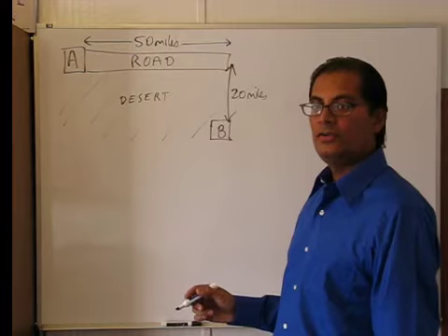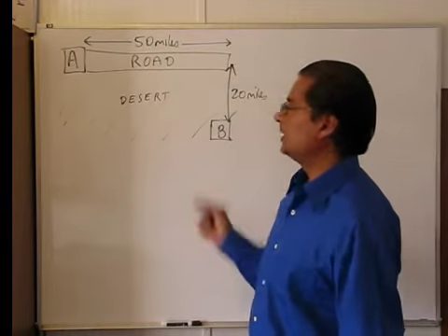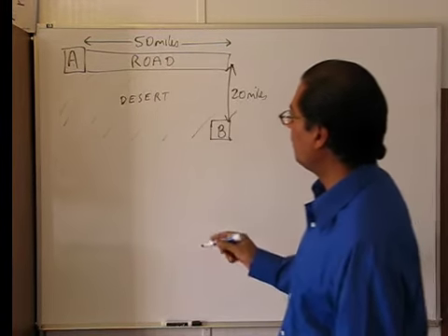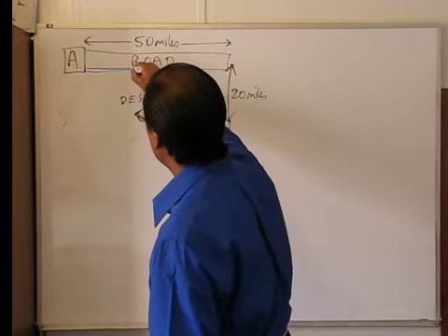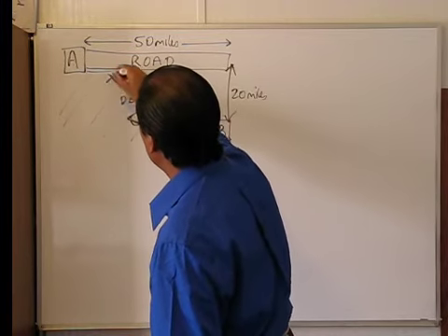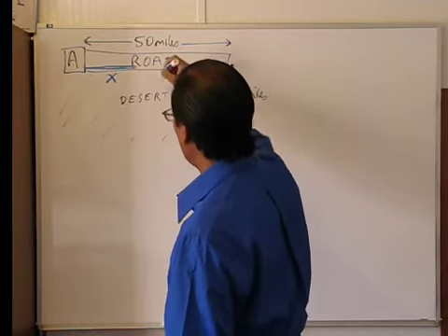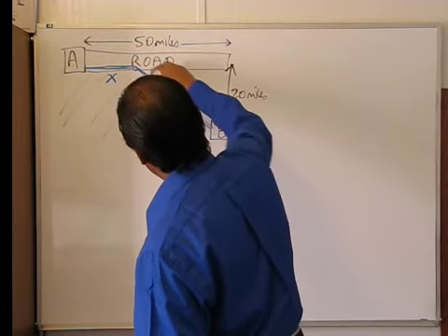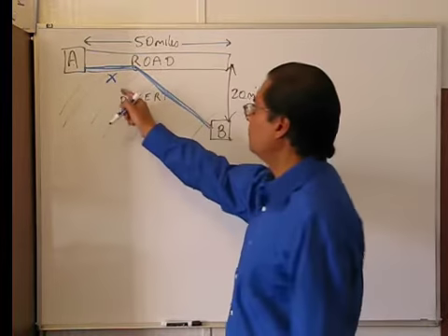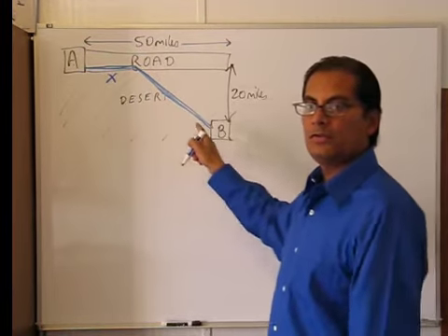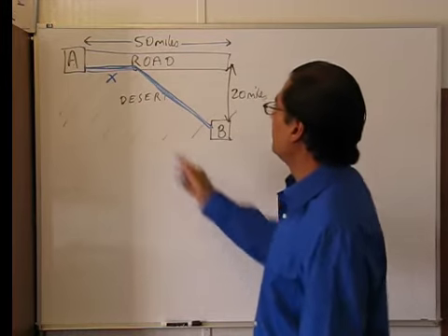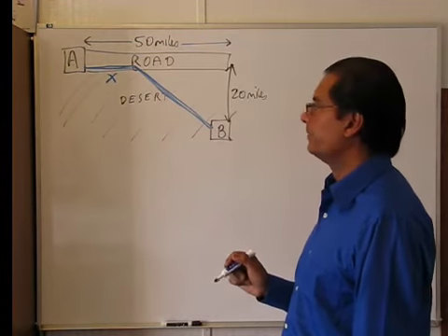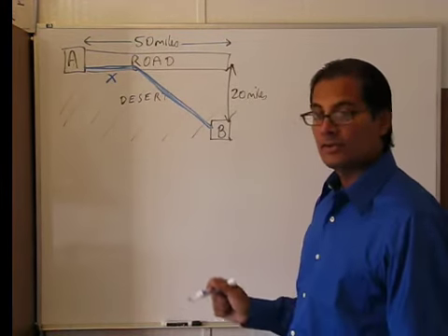Okay, so let's set up an equation for the distance from A to B. Some of it will be on the road and some of it will be through the desert. So first of all, let's say you were traveling on A and you travel X amount. At some point you're going to cut across and go to B. Now if X is 0, of course, you're going straight from A to B across the desert, and if X were 50, you're going across the road right up to opposite B, and then you're coming 20 miles to B. Okay, so X is the variable.